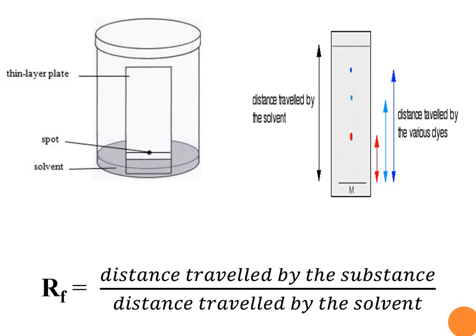The forces of adsorption or adhering, and then the forces of dissolution in the solvent that is rising up the paper by capillary action. So the materials that adhere more and are least soluble would not easily dissolve in the solvent as it rises up.